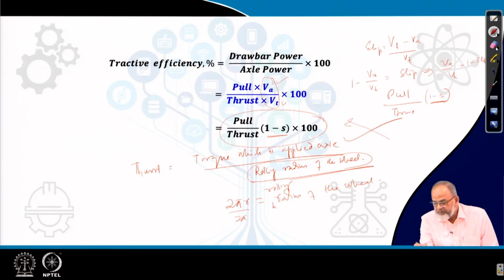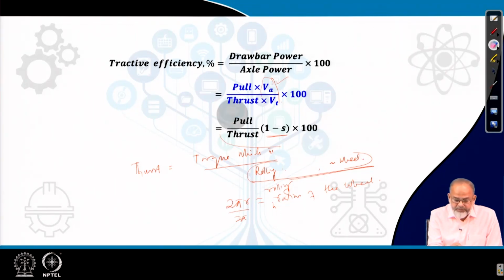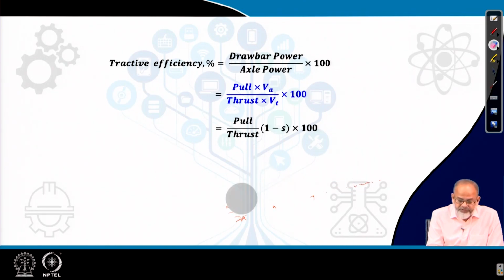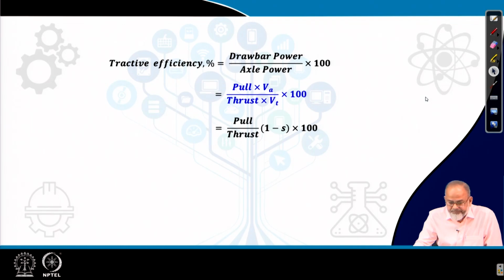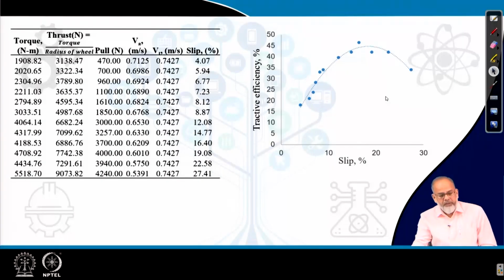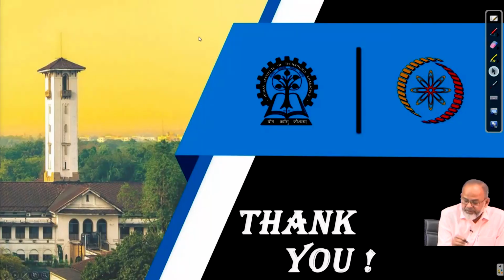Okay. So, the data which we acquired is for a 13.6-28 tire which is subjected to a load of 1000 kg and at an inflation pressure of 14 psi. These are the data which I got: torque data, then pull data, Va actual velocity, Vt theoretical velocity, and slip is computed.